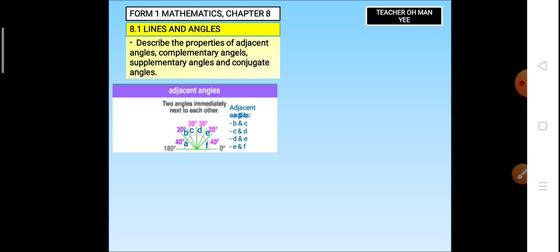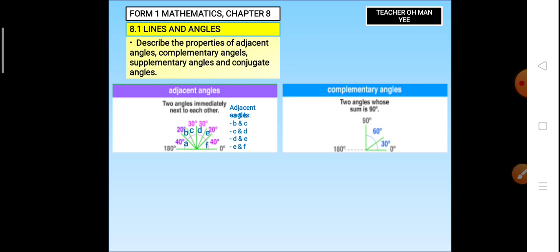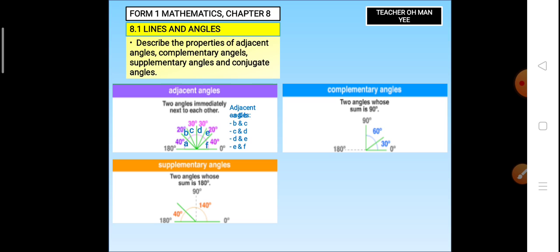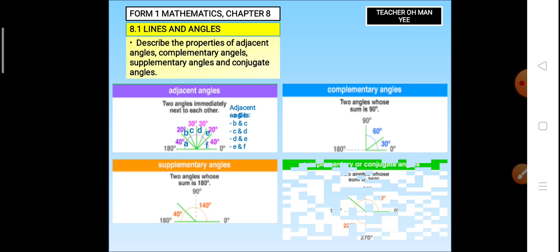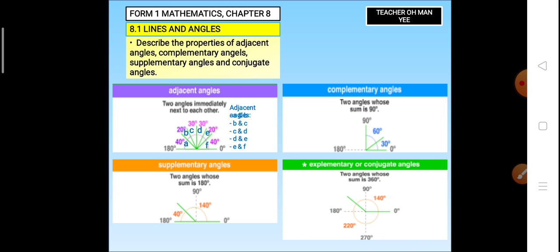Based on these adjacent angles, we can form another 3 types of angle, which are complementary angles, supplementary angles, and also conjugate angles. So how can we differentiate between these three? Now we look at complementary angles.